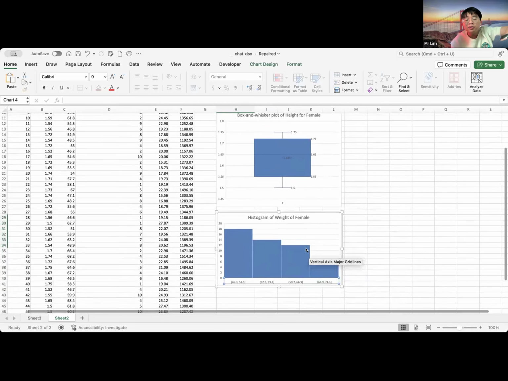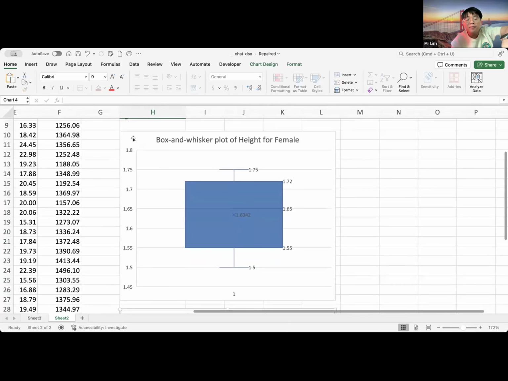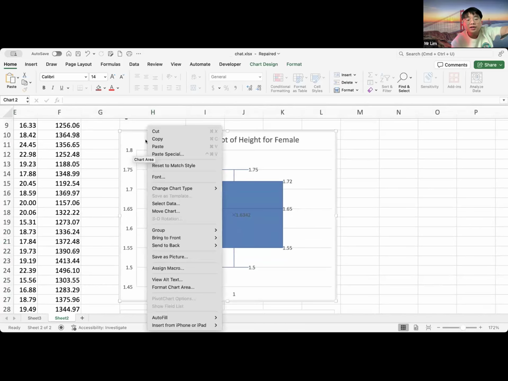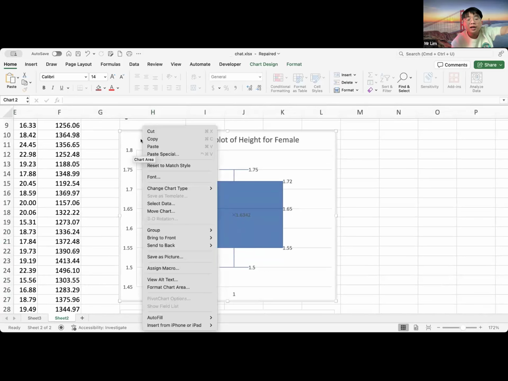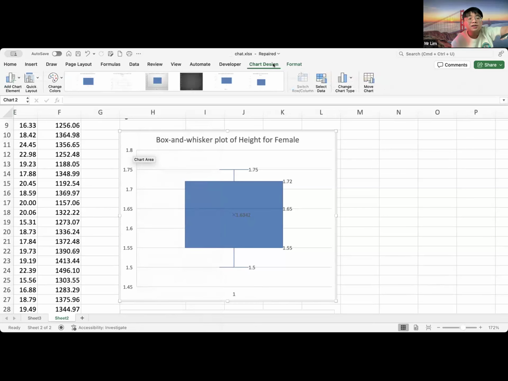But I think this is also quite good. Maybe a more perfect one is you have your axis label frequency and your x-axis label as the weight, also including the unit kg. For this one here also it's better to have an axis label. What you can do is add element, go to format or chart design.